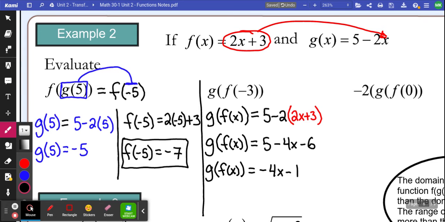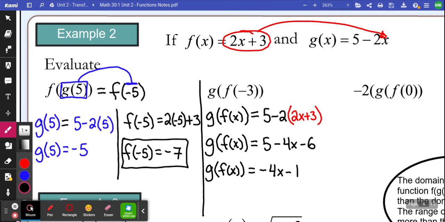So I put f of x in for x of g of x. There's my replacement. I multiplied the -2 in, you get this. And I collected like terms. 5 minus 6 is -1.